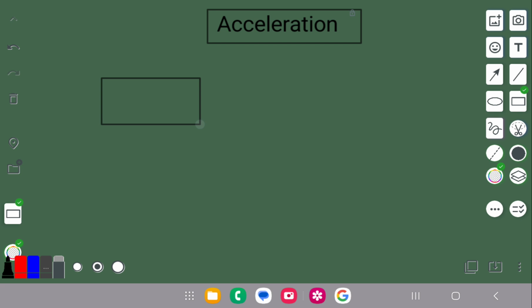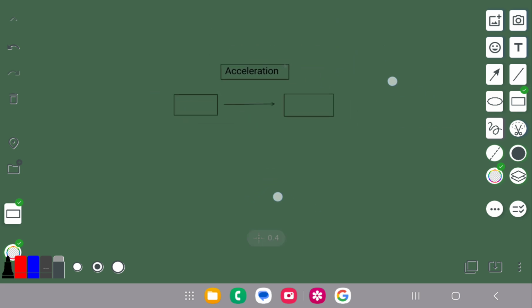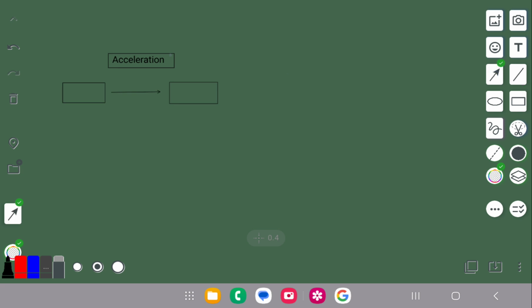For example, this is an object and it moves from here to here. Then this object moved from, let's take for example, here to here, and then this object traveled from here to here.